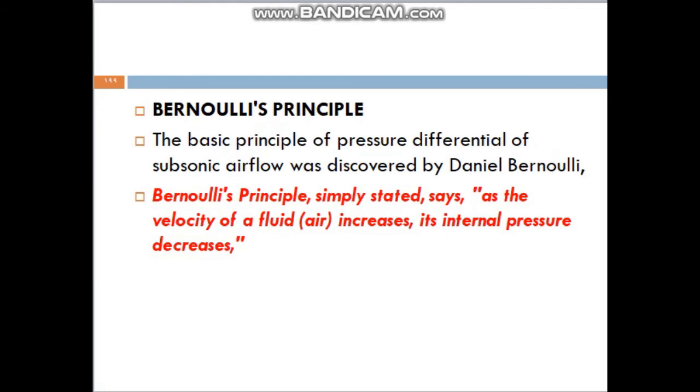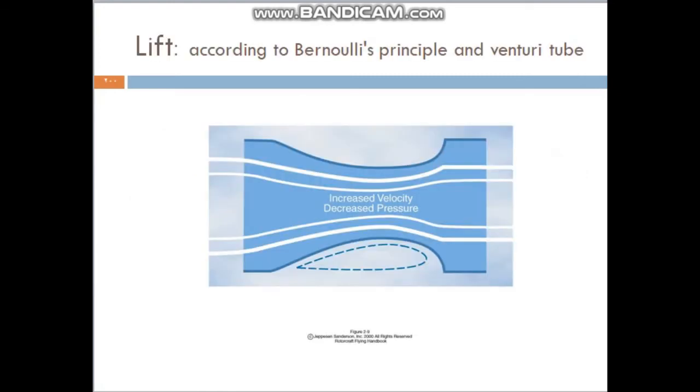Bernoulli's principle. The basic principle of a pressure differential of subsonic airflow was discovered by Daniel Bernoulli. Bernoulli simply says that as the velocity of a fluid or air increases, the internal pressure decreases. And here is the lift according to Bernoulli's principle.